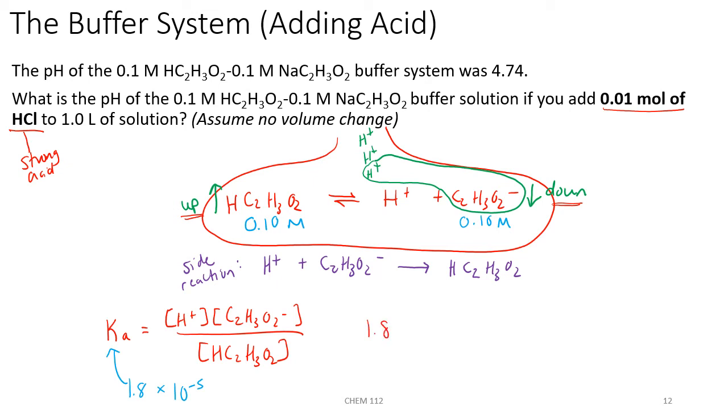We can plug that in for our Ka, and it's a small value. So originally we had that simplifying assumption where we had X for our hydrogen ion, 0.1 for our acetate, and 0.1 for our acetic acid. Well, this time our acetate is going to be subtracted from, and our acetic acid is going to be added to by 0.01 moles of HCl. We're also assuming no volume change, so we'll just take those moles and subtract them from the molarities.